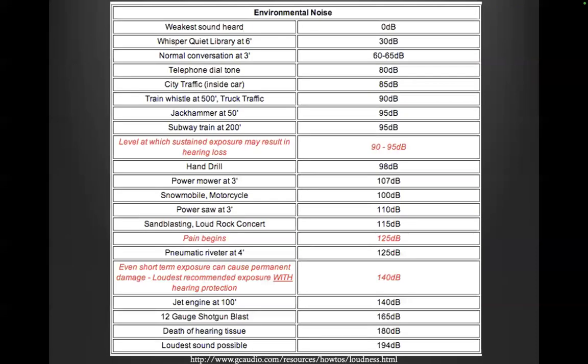So it's not of concern. But what is really of concern is actually noise. This table shows environmental noise with the quietest place as 0 dB. Normal conversation is about 60 dB, and a subway train is at 95 dB. The level at which sustained exposure may result in hearing loss is 90 to 95 dB.